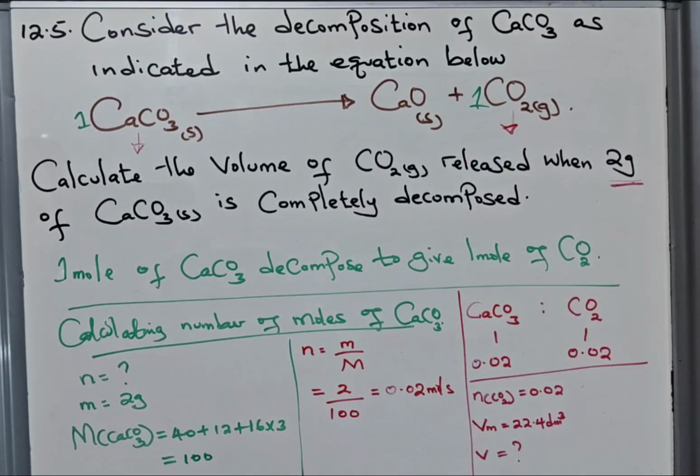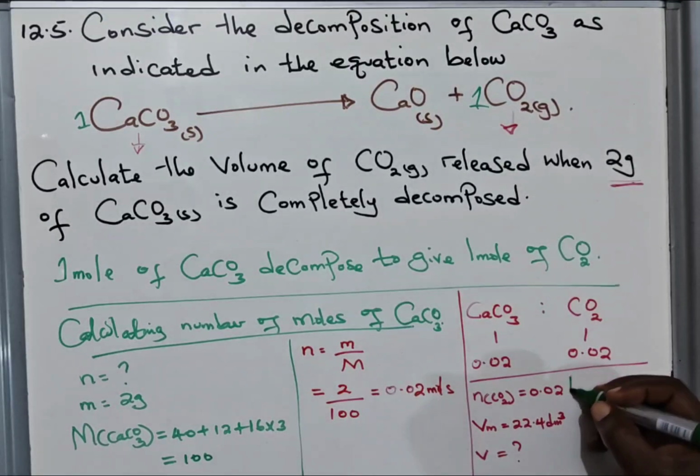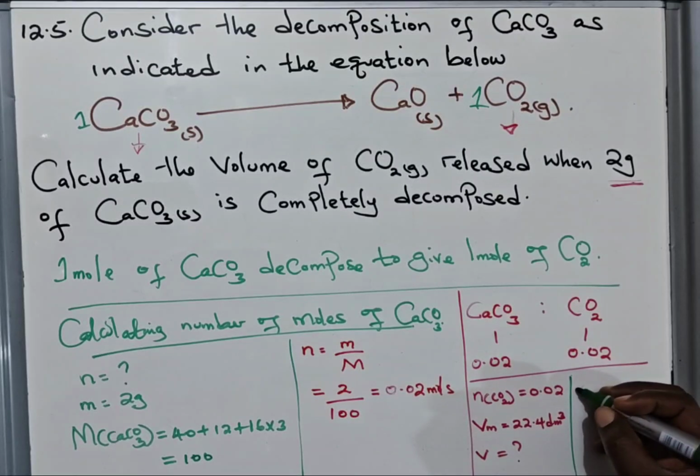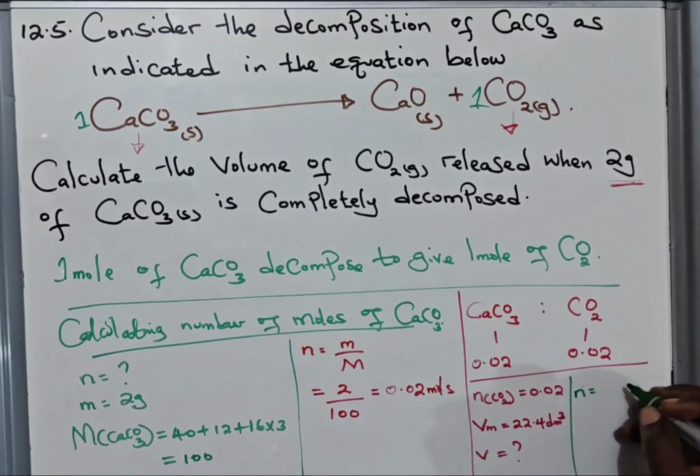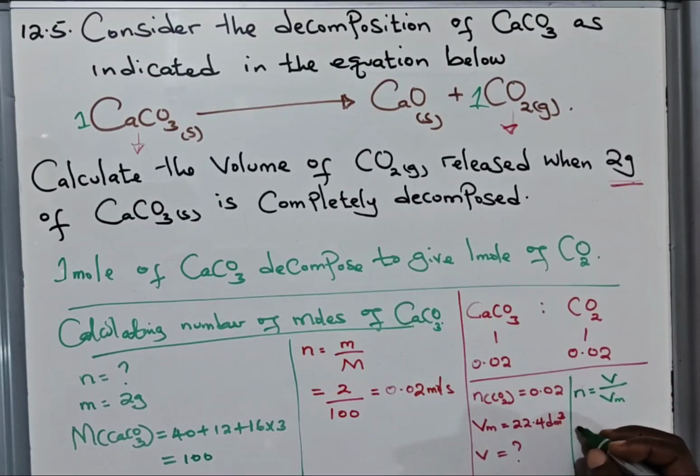So what do we do? Yes, we substitute in our equation. The equation says that n is equal to V over Vm. So which means that 0.02 is equal to the volume, which is required, over 22.4. And how do you go about this? By cross multiplying.